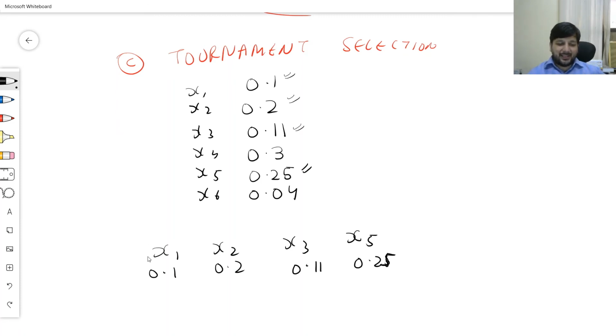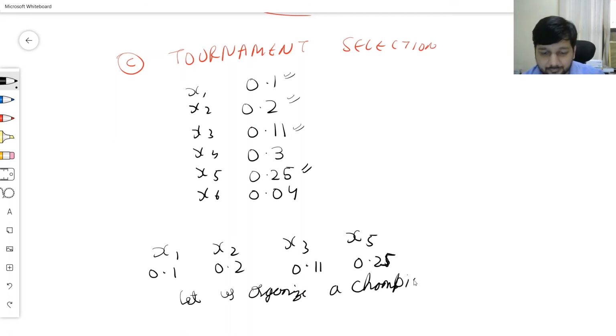Now I say, let us organize a championship between x1 to x5. One, two, three, five.